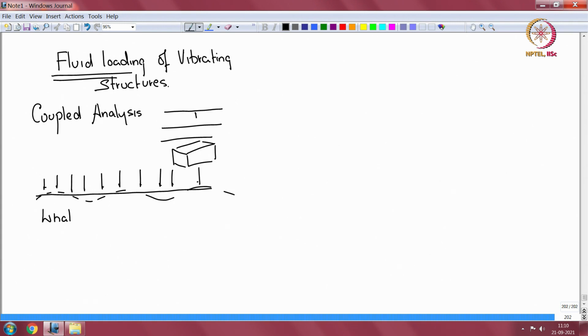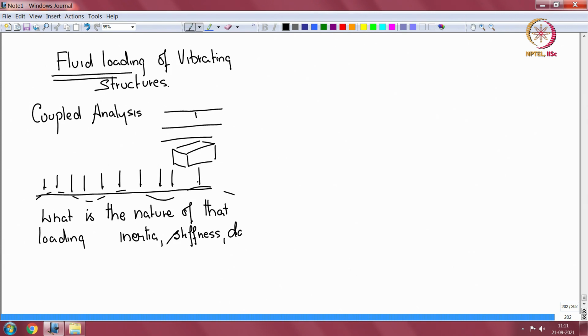That is what is called fluid loading. Is it like an inertia? Is it like a stiffness? Or is it like a damping?